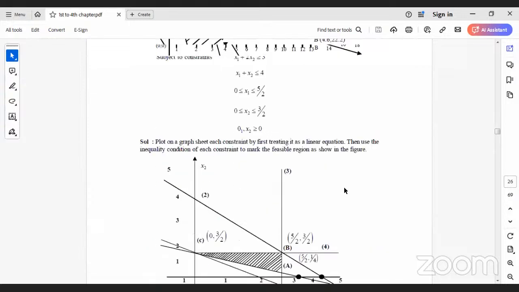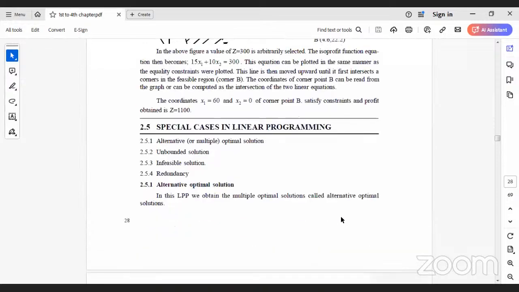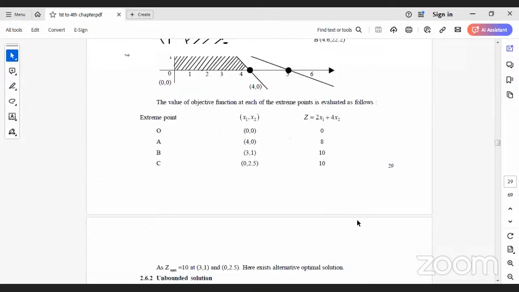You have to practice this one, okay na? So tomorrow onwards we can discuss. Just wait.